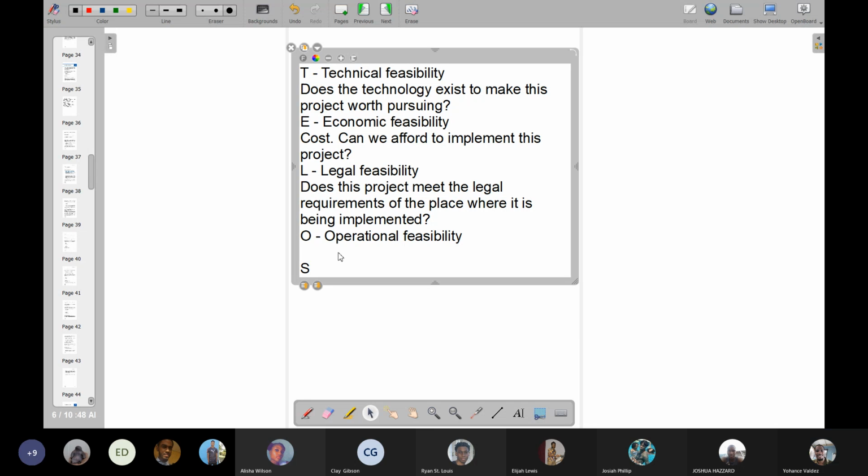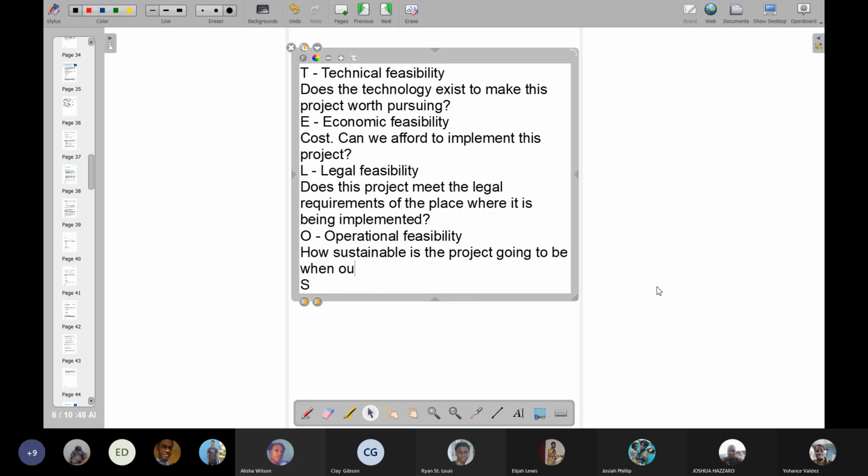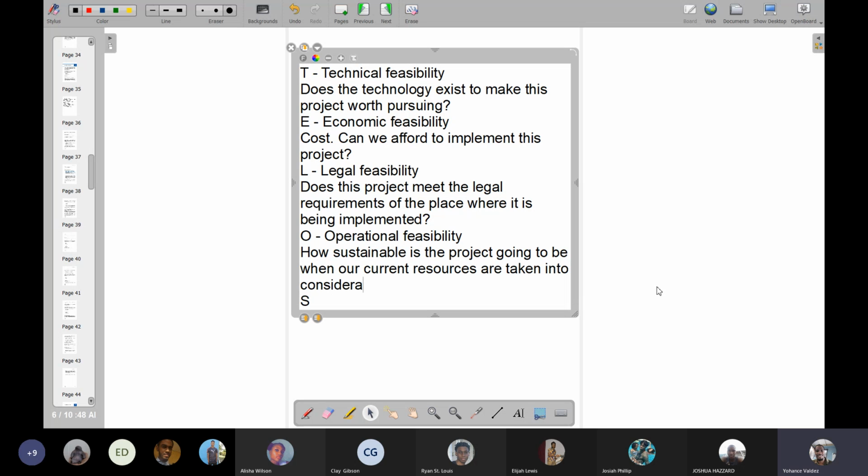We could incorporate what Ryan said: how sustainable is this project going to be when our current resources are taken into consideration.